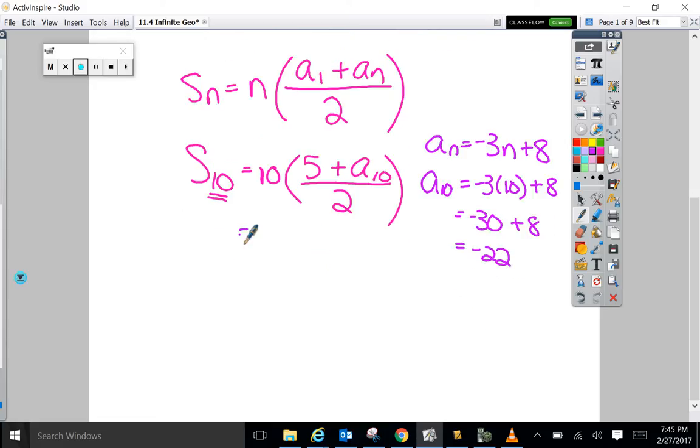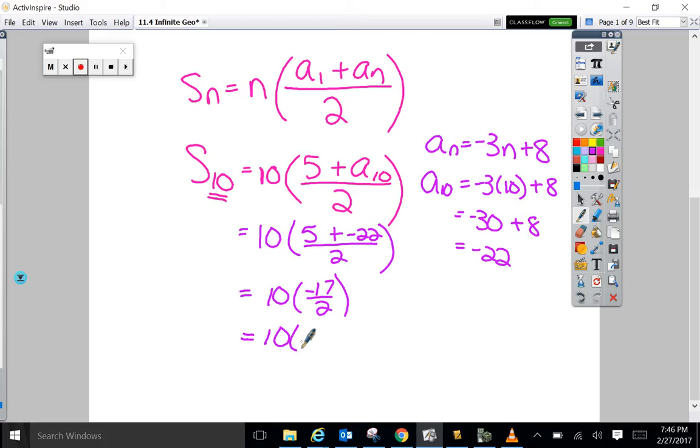So S sub 10 equals 10 times (5 plus negative 22) all over 2. I'm going to do what's inside the parentheses first. That's going to be negative 17 over 2. Dividing 17 by 2, I got negative 8.5. That times 10, I get negative 85. So the sum of the first 10 terms of this series is negative 85.